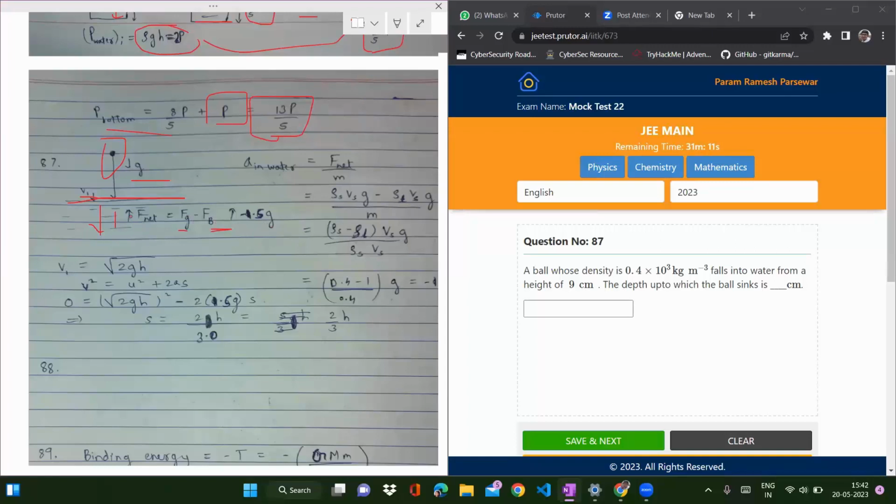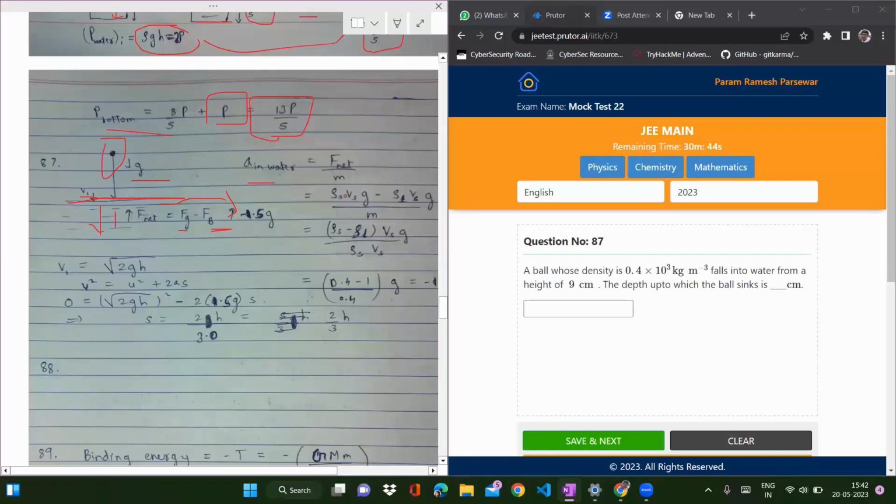So we calculate this F net and the acceleration. In this case, it will actually be a deceleration, as the acceleration comes out to be negative, since it is upwards. Acceleration will be F net by m. F net is rho s into Vs into g minus rho l Vs g, divided by m, where m is the mass, rho s and Vs are the density and volume of the solid, and rho l is the density of the liquid.